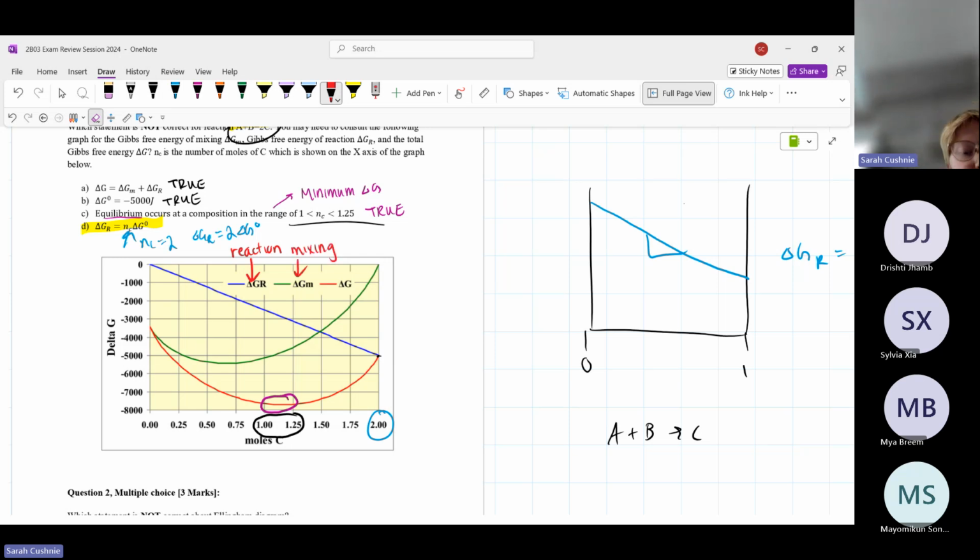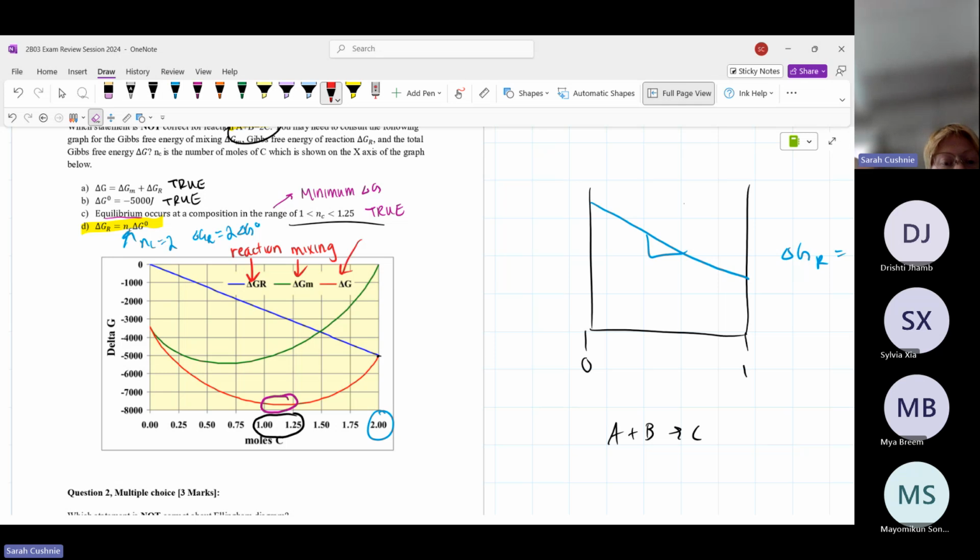So this is the Gibbs free energy of mixing. This relates to the entropy that's being created. Because we're mixing, you can think of this whole tub as literally just ping pong balls of different colors, right? We want to have as many different colors as possible to increase that entropy, which is why it actually goes up and goes back to 0 as we get towards the complete reaction.